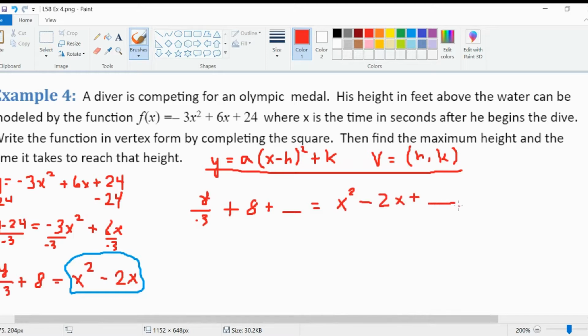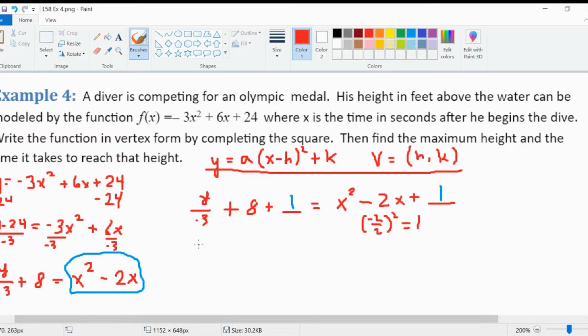So that something is what I'm going to complete the square with, and I'm going to use that b term. So just below here, we'll use the b term, divide it by 2, and square it. Lots of 2's happening. Negative 2 divided by 2 is negative 1. Negative 1 squared is positive 1. So again, I'll use a different color to highlight. There's our complete the square. Okay, continuing.